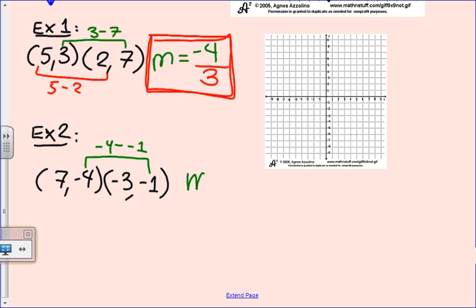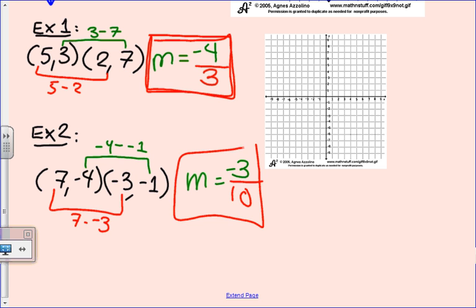Plus 1, so you get a -3. Okay? Now subtract your x's. What is 7 minus -3? 10. That cannot be reduced.